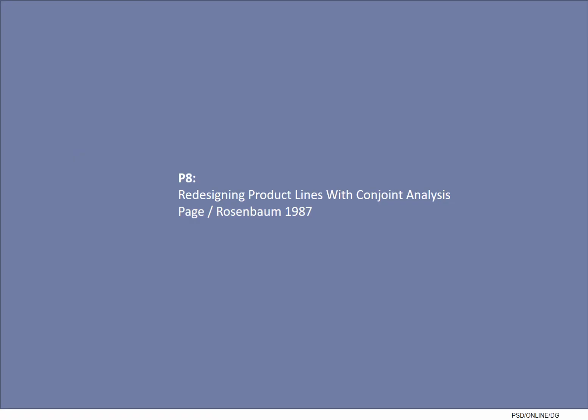To see a specific example how that works and how you can use this thing to actually make educated marketing decisions, you have this article from Page and Rosenbaum from the late 80s.